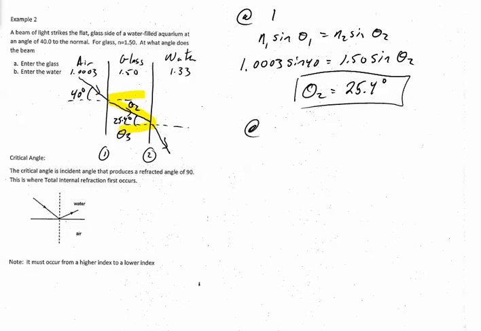So at boundary number 2, we find that n2 sine theta 2 is going to equal n3 sine theta 3. So this angle here is what we're trying to find.